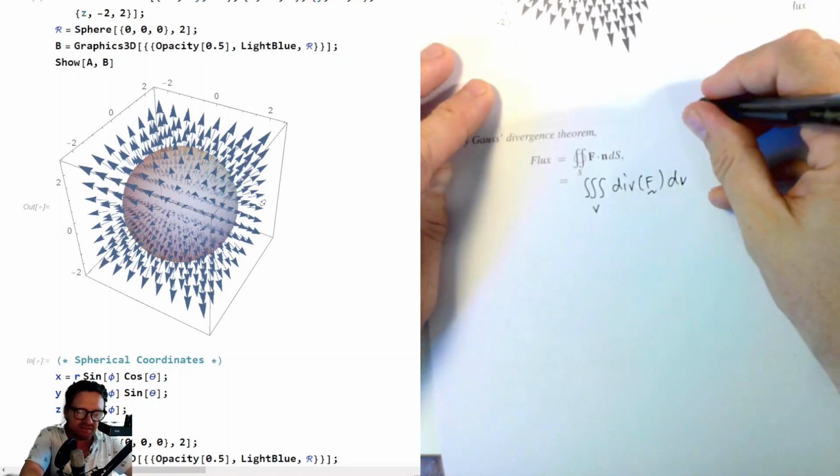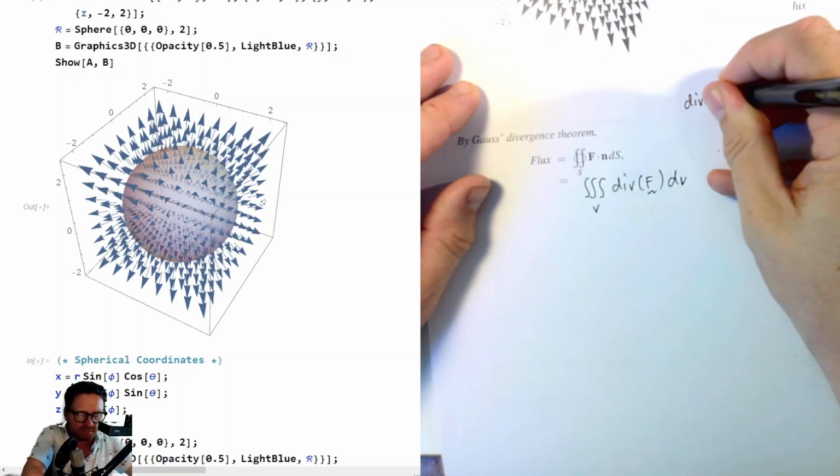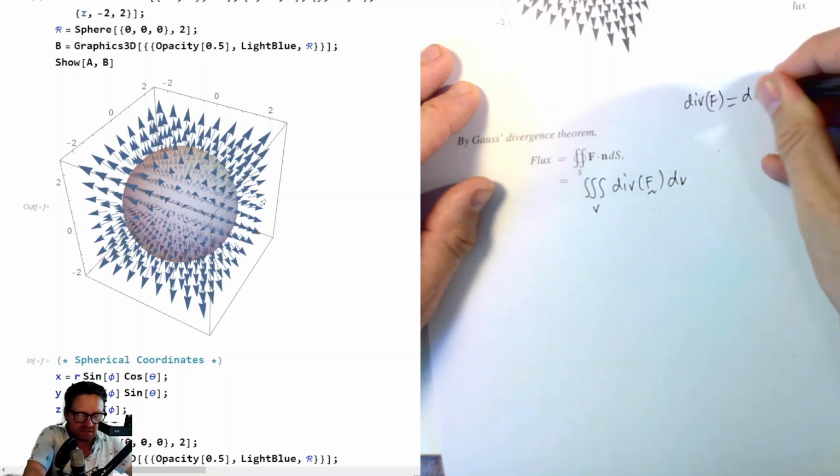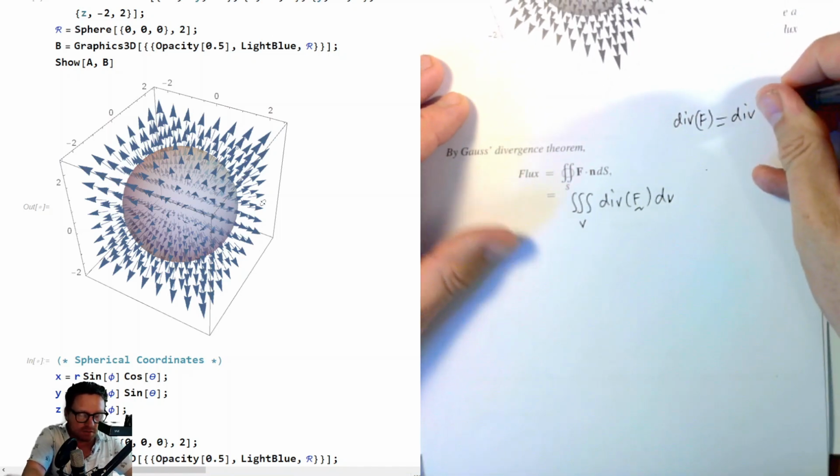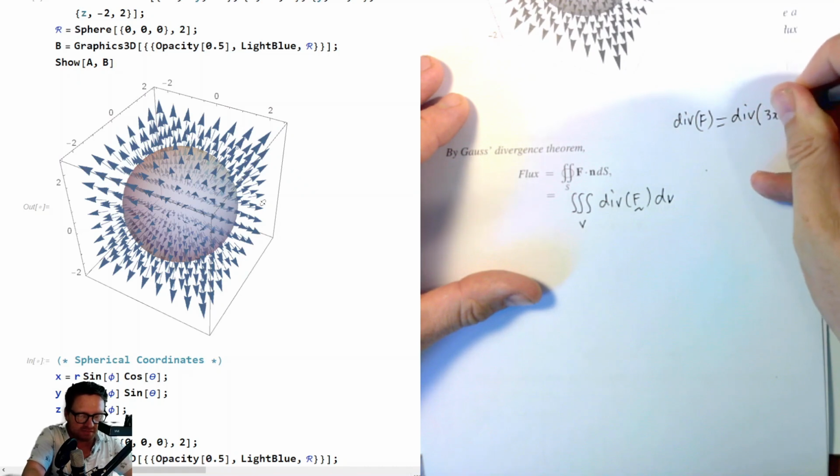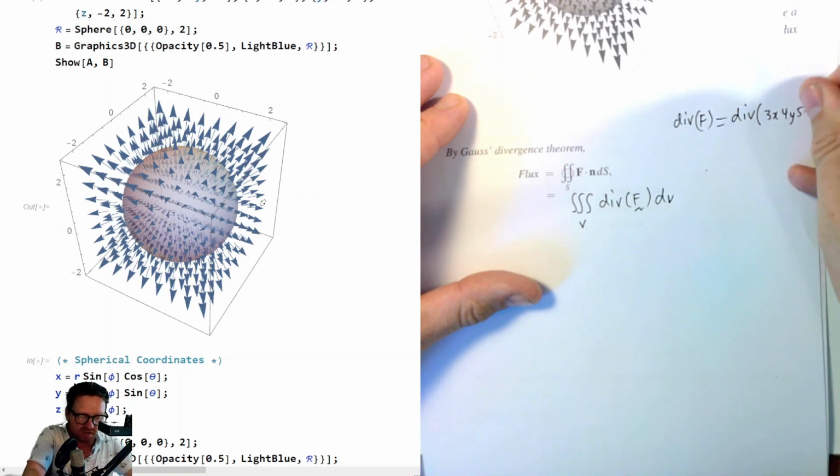Okay, so let's calculate div f here. So div f is div of the vector 3x, 4y, 5z.